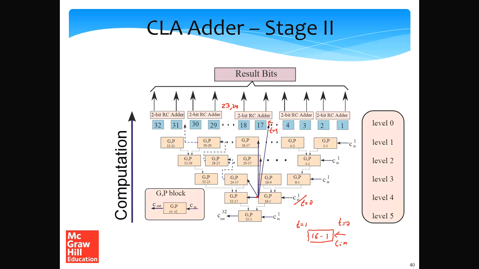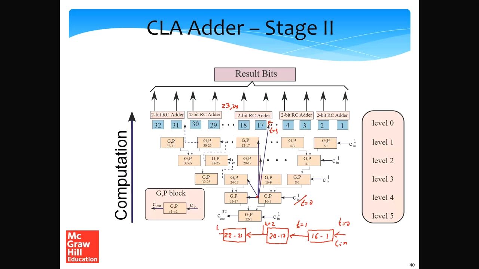This will be connected to a block whose range is between 17 to 20, right? So at t equal to 2, we will have the carry out value over here. This will again be connected to one more block whose range is 21 to 22.